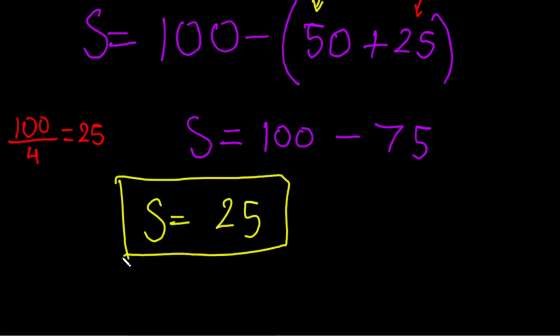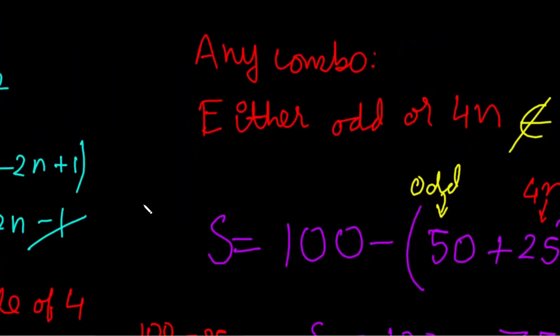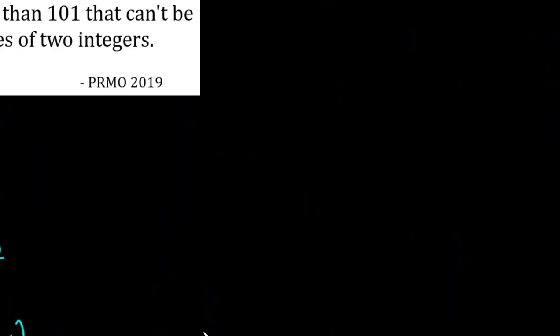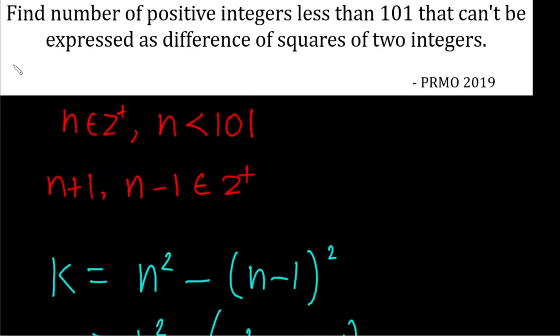Not a set, let me say the number of elements. So let me go back to our question. The number of positive integers less than 101 that cannot be expressed as the difference of the squares of two integers is 25. That's how many we have.